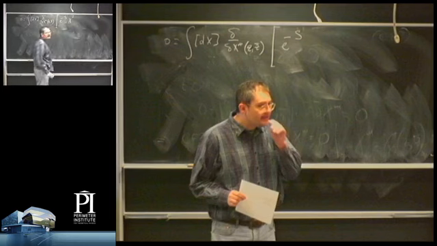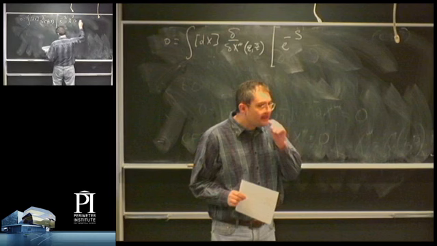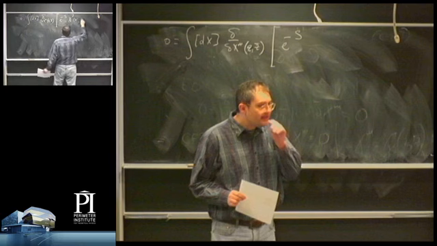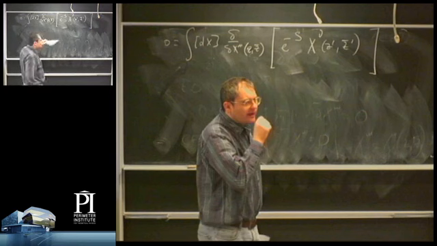I'm going to take it x mu that depends on z prime bar. Okay. So I still have a 0, right? The reason why I have 0 is because it's a functional integral of the total derivative.